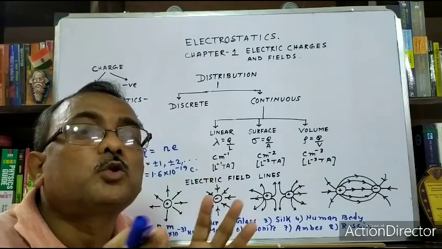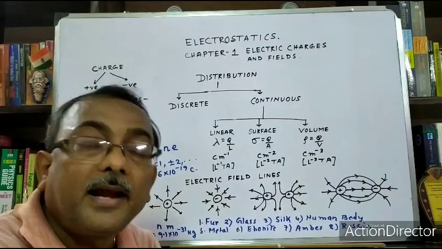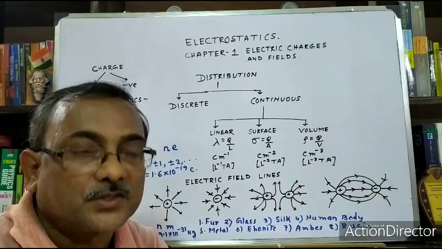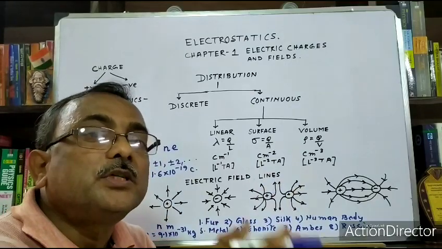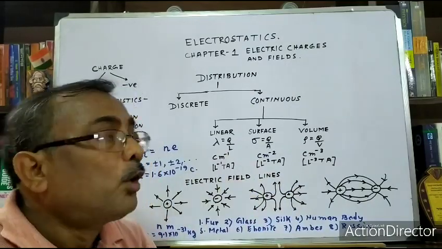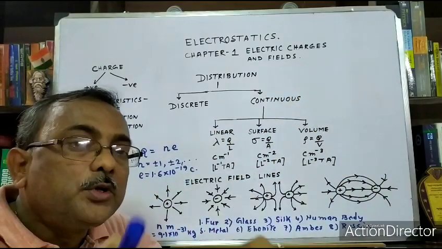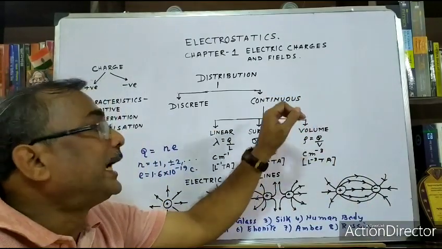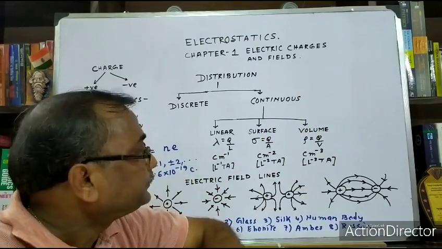If anyone wants to find how many hairs are there on the head, he has to add all these hairs. This type of distribution is called discrete. Whereas if the charge is distributed uniformly, that distribution is called continuous distribution of charge.